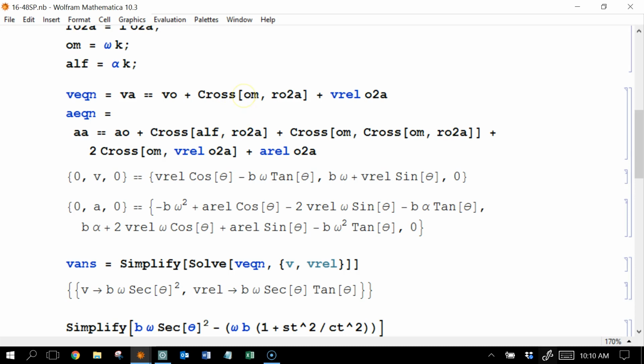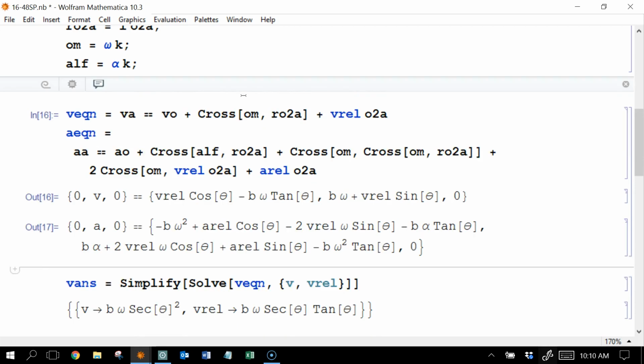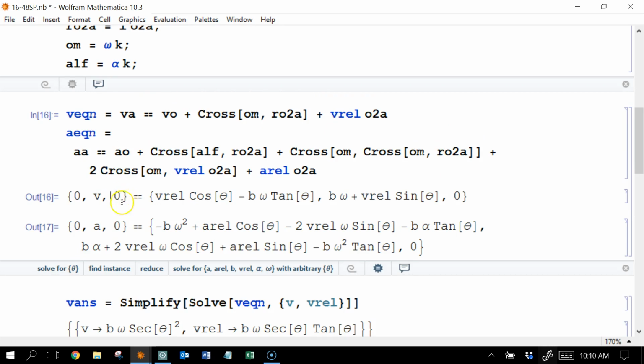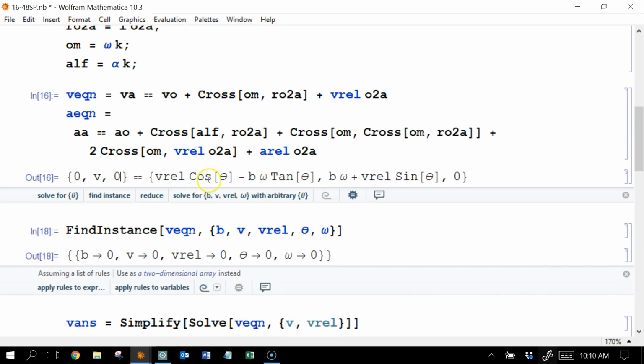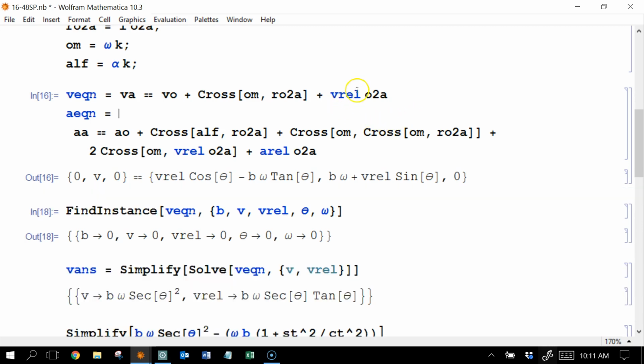And now execute here. So you define your equations, and you just do a sanity check. Because everything is two dimensions, your K directions should all be zero. I don't know what I did wrong here. Let me just re-execute this.